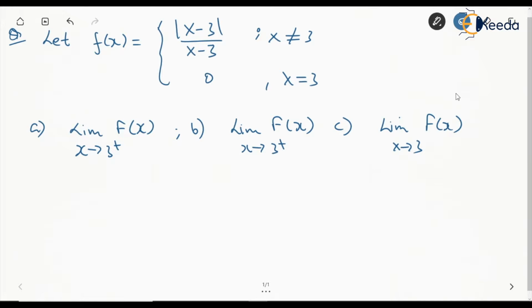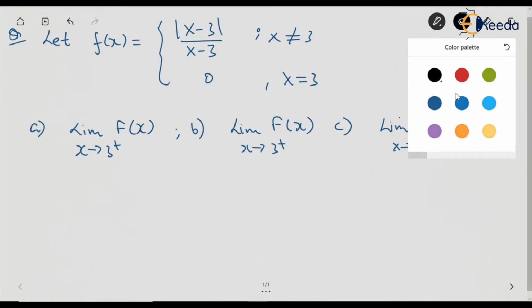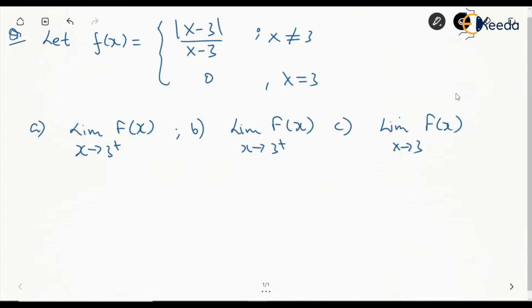So we have this function as mod of x minus 3 divided by x minus 3 for x not equal to 3. In that case, we can split this as like if x is greater than 3, then this x minus 3 mod value will directly become x minus 3.